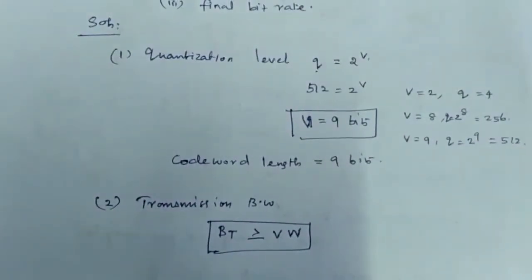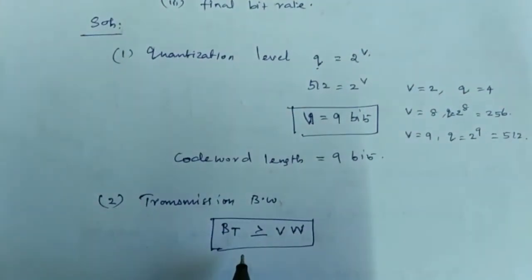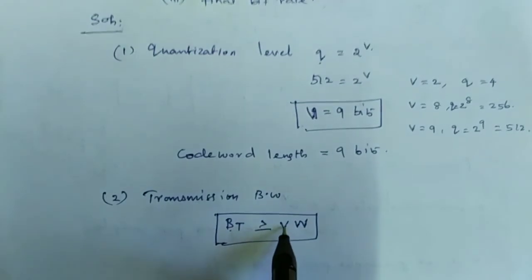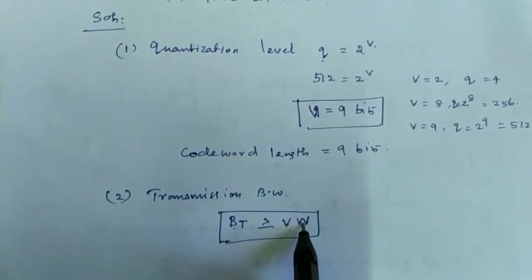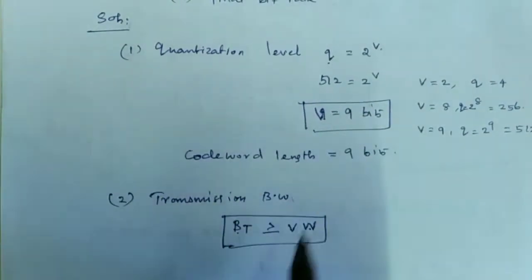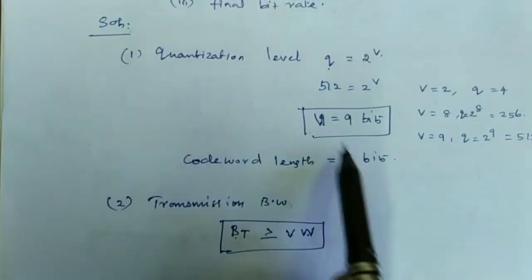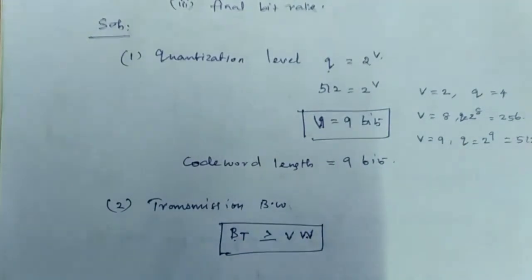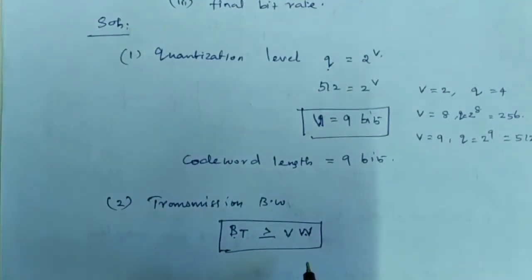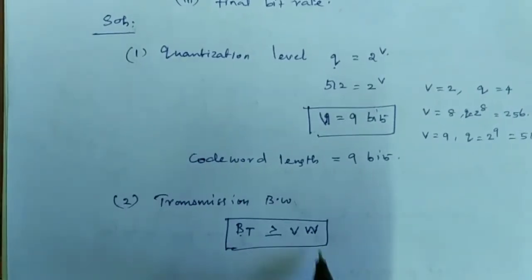If you do not remember, please go to that video and refer to it. So BT is greater than or equal to V into W, and here V is equal to 9 bits, and W is the frequency.